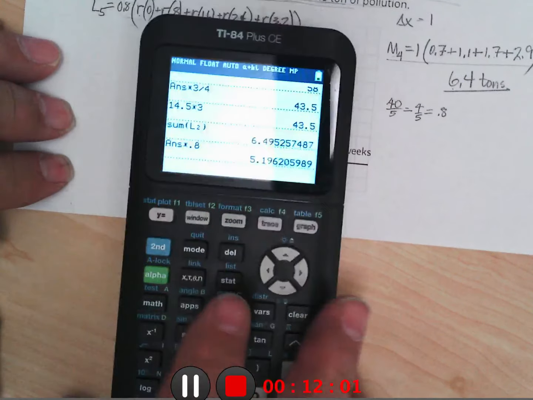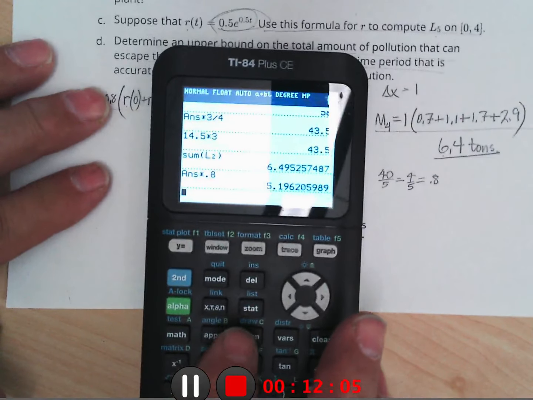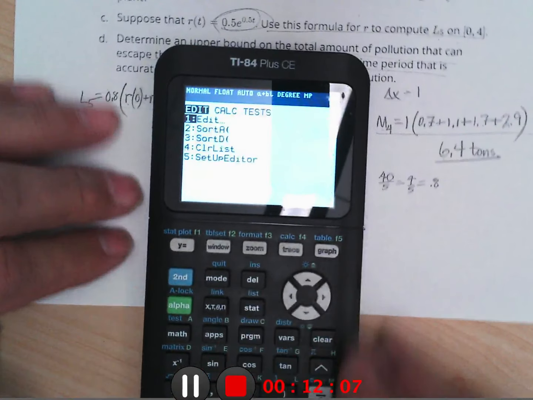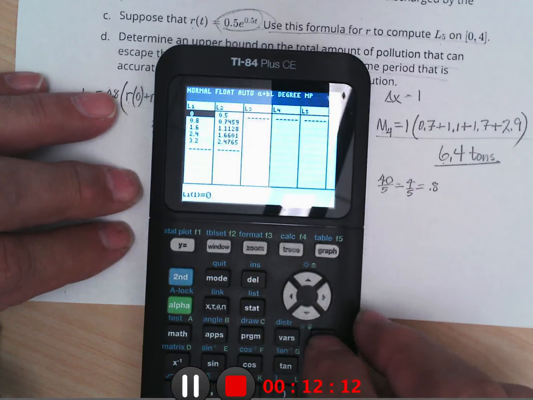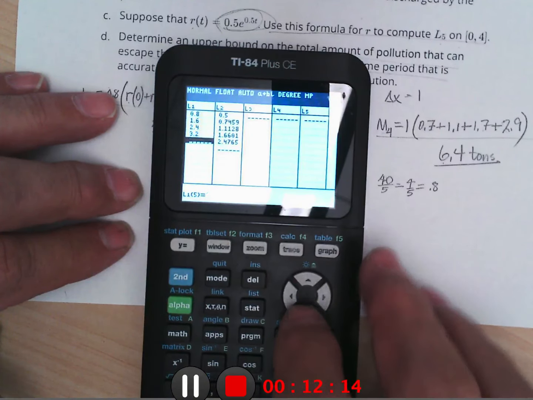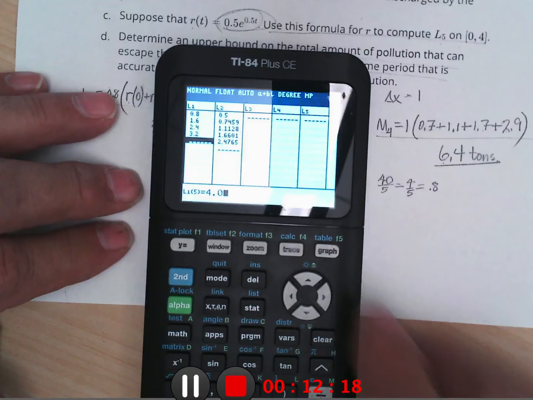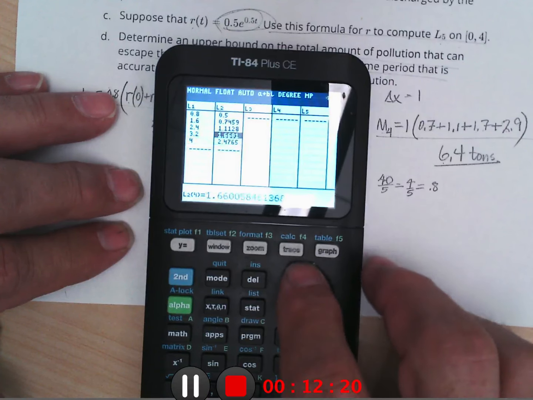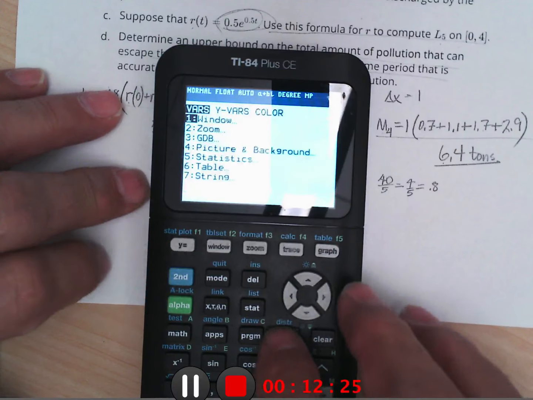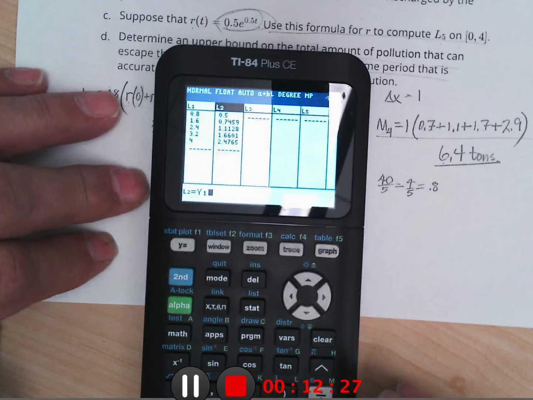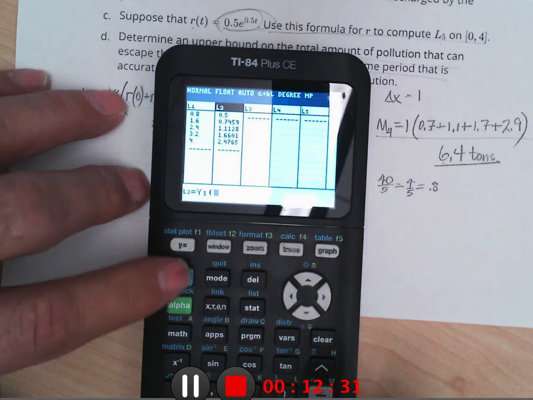So what would be different is if I'm doing the right 5, I go to stat, edit, I'm going to get rid of the 0, and I'm going to put in the 4.0. Go back here and clear the list and do vars, y1 of, parenthesis, list 1, close parenthesis.